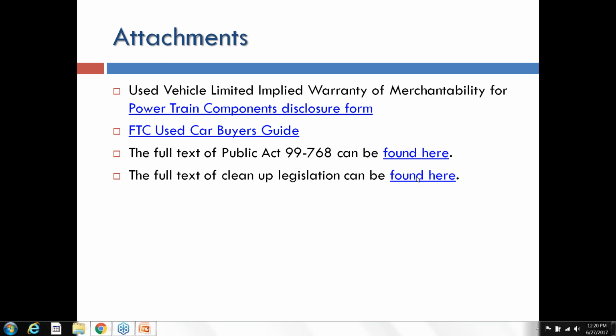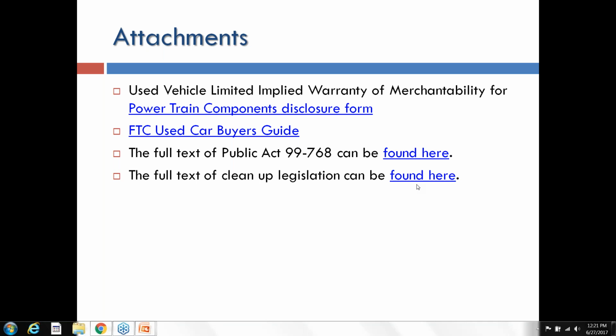Interestingly enough, when this new 15-day, 500-mile warranty statute was created, if you look at the full text of the Public Act, which is our third attachment, Public Act 99-768, you can see, for those of you who don't spend all day looking at legislation, that there's stuff in regular type, stuff that's underlined, and stuff that's got a line through it.